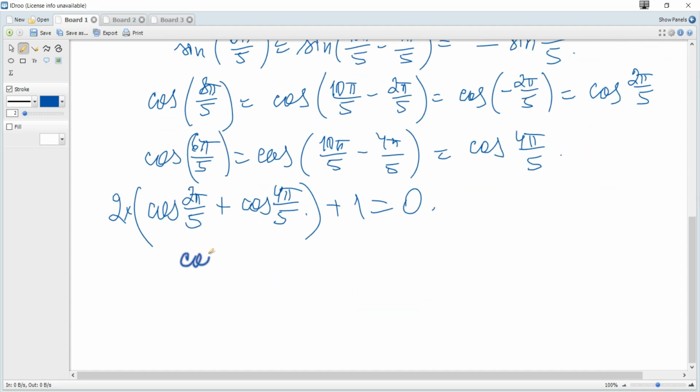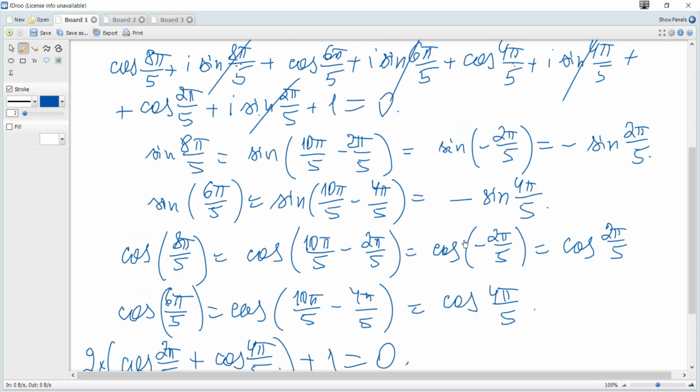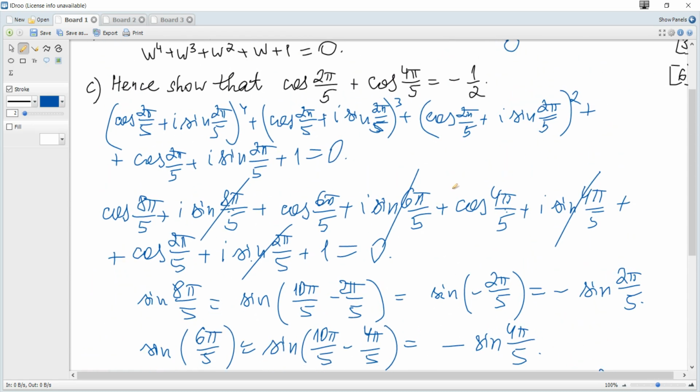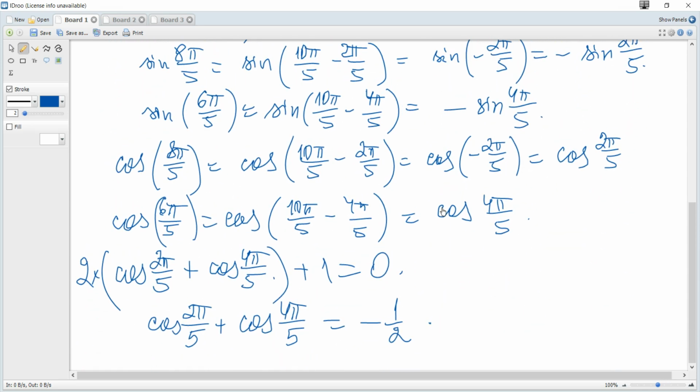And hence it's clear that cosine of 2 pi over 5 plus cosine of 4 pi over 5 is negative a half as required. And that's all for this question.